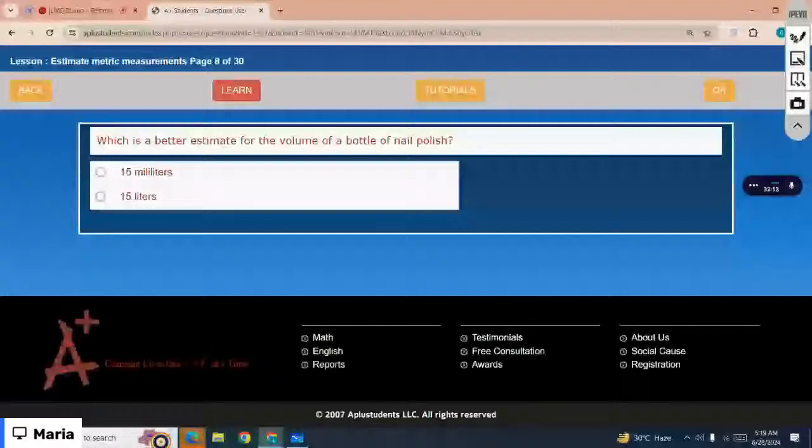Which is the correct option? That is 15 milliliters, right? Because that is just a nail polish bottle.